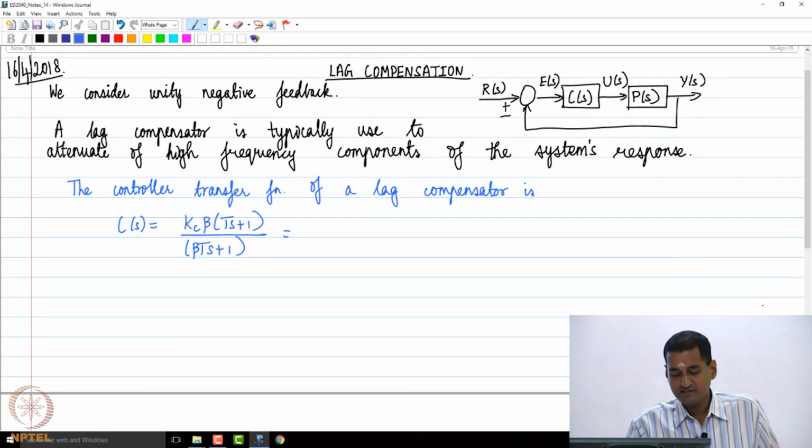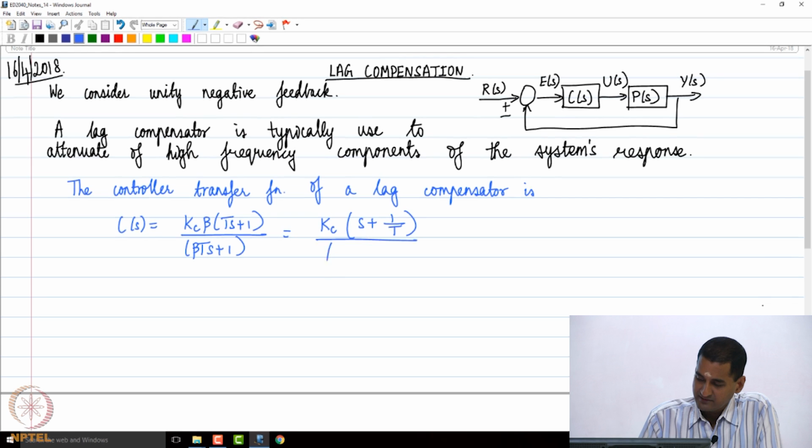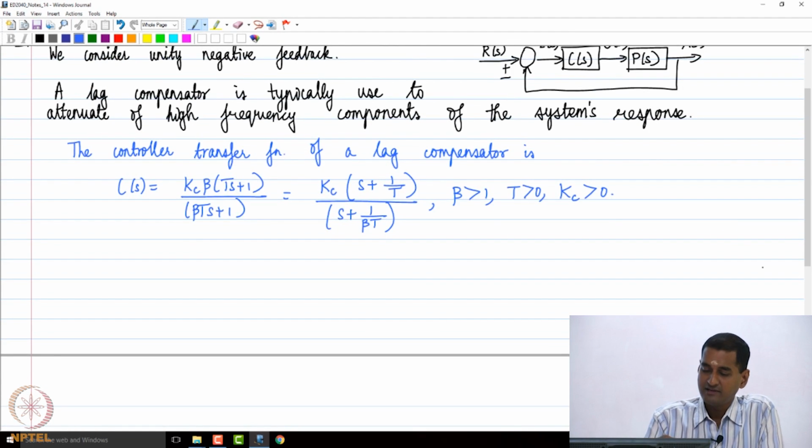That is the transfer function corresponding to a lag compensator. This can be rewritten as Kc times (s plus 1 over T) divided by (s plus 1 over beta T). And here of course, beta is greater than 1, T is greater than 0, and we take Kc also to be greater than 0. So, that is the structure of a lag compensator.